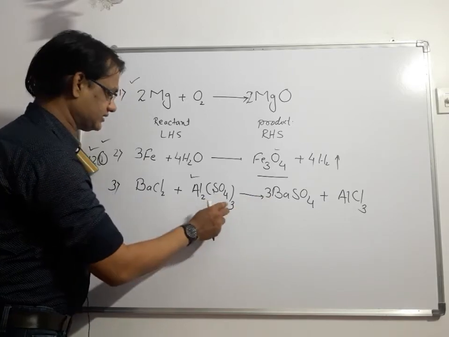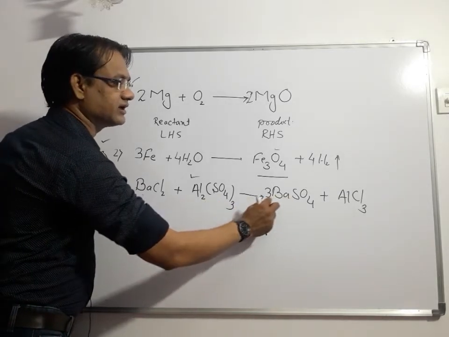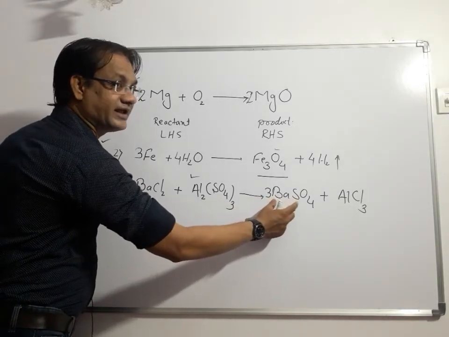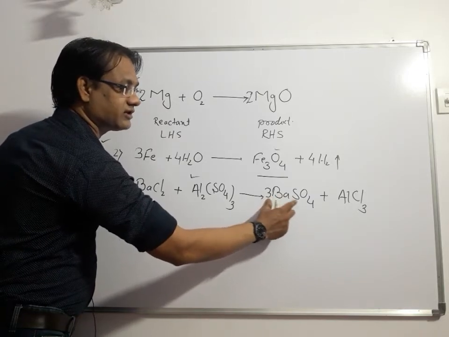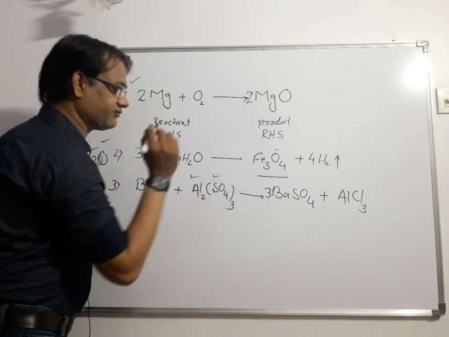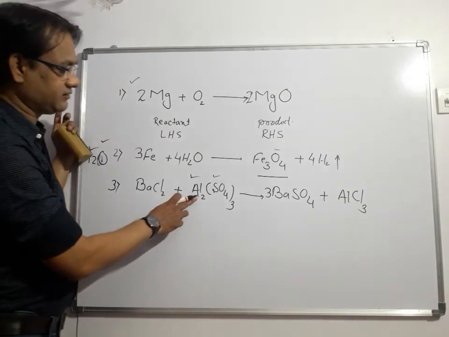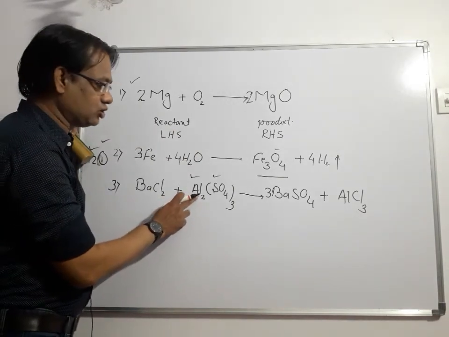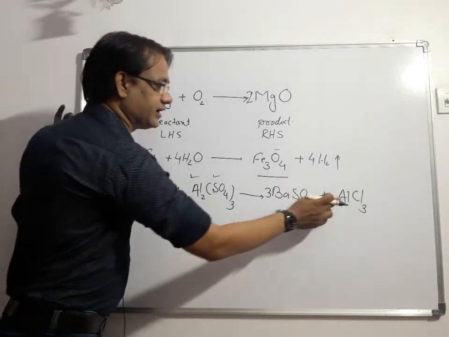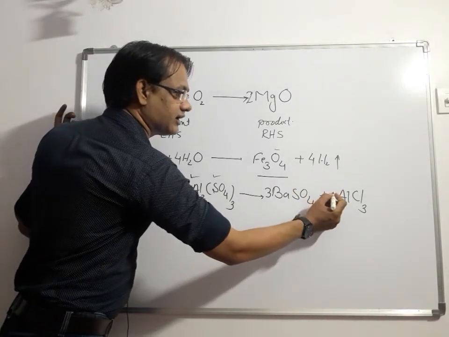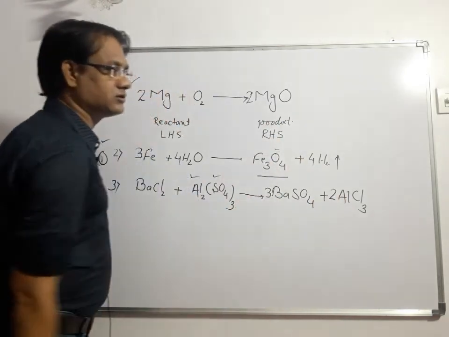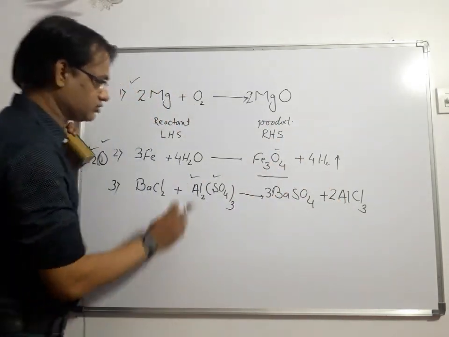Here 3 sulfurs are there, here also 3 sulfur, they become equal. So this sulfur is already balanced. Okay, now I will see aluminum. There are 2 aluminum here, and here only 1 aluminum is there, so I will put 2 here. So the 2 aluminum will also balance.